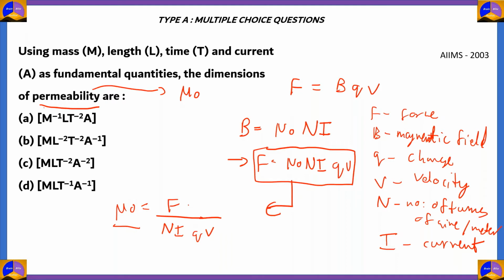The next step is to put the dimensions of all the quantities here. So the dimensions of mu naught can be given as the dimensions of force, which is MLT power minus 2, mass times acceleration, divided by n, which is the number of turns of wire per meter. So its dimensions is L raised to minus 1 because of per meter. And then I is current.